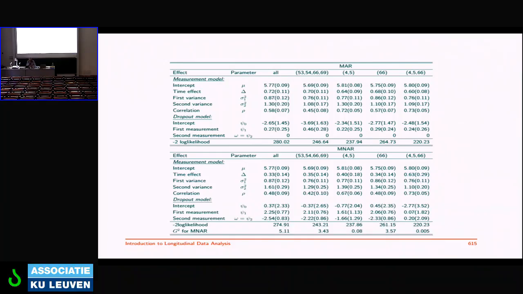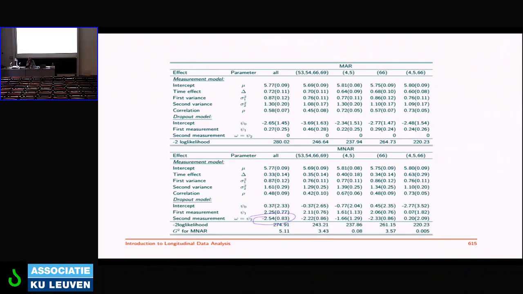Okay, here is the result, and you see, of course, that the likelihood changes from all to one of the removals, but that's, of course, evident. If you have different numbers of subjects in your data set, that has an implication. It's more meaningful to look at what's happening to the psi2 parameters. Initially, the psi2 parameter was significant.